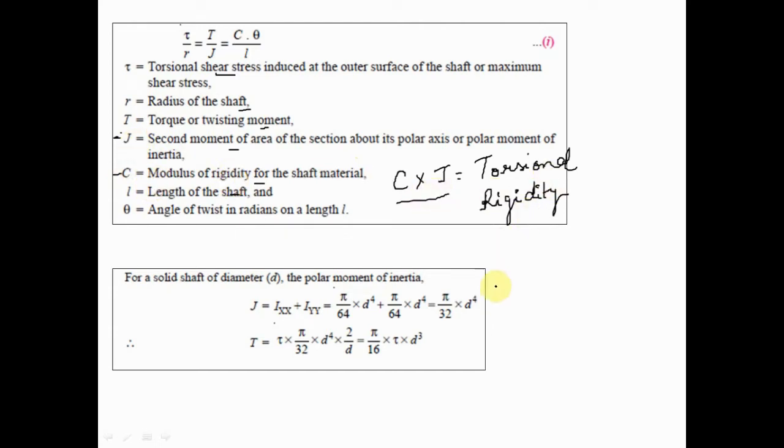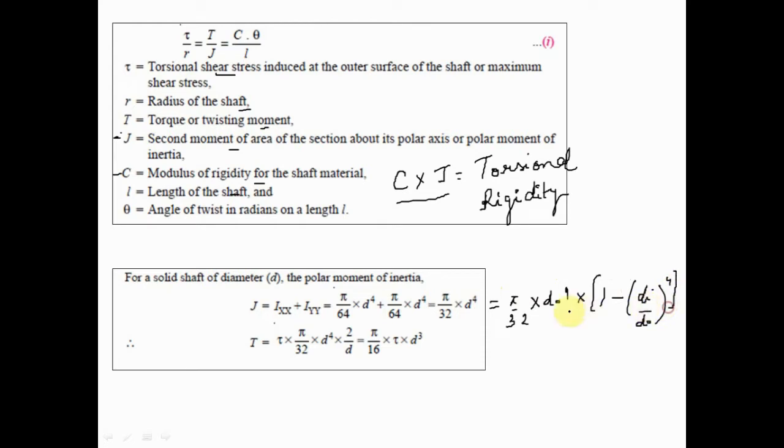Also, for a solid shaft we have the polar moment of inertia. Directly you can remember it as pi by 32 times d to the power 4, and it is also equal to pi by 32 times d outer to the power 4 multiplied by 1 minus d inner upon d outer to the power 4.